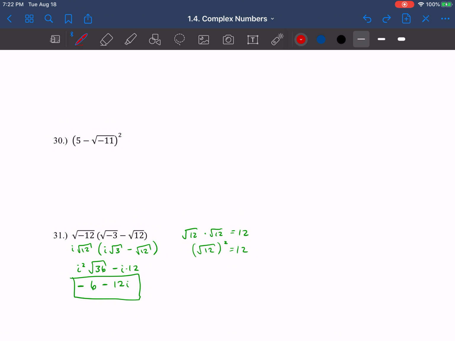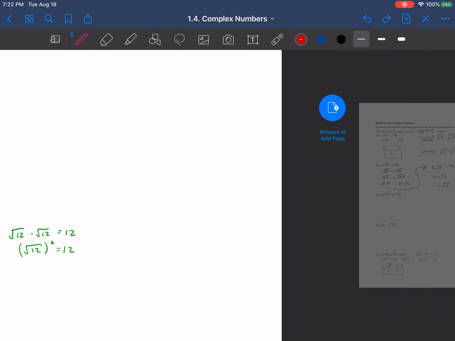And take note that the first thing I did was bring those i's out, right? Make them complex just there. And then it's a matter of just distributing through, multiplying that first one by each term in the parentheses, and going through and solving it, okay? So there you go. Give that one a try. Make sure you fully understand it.